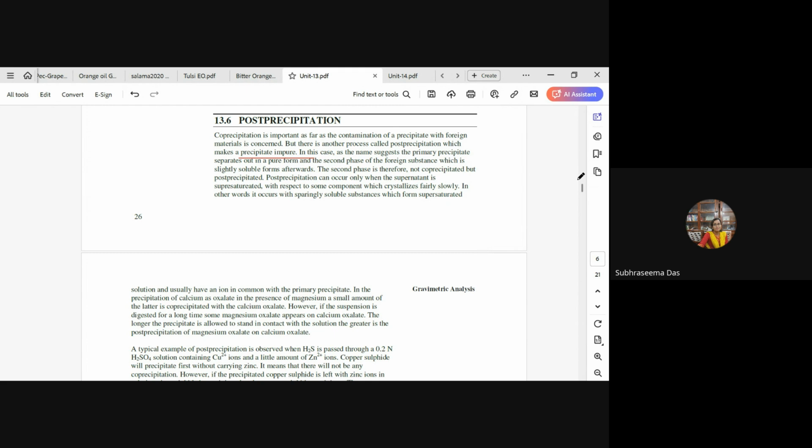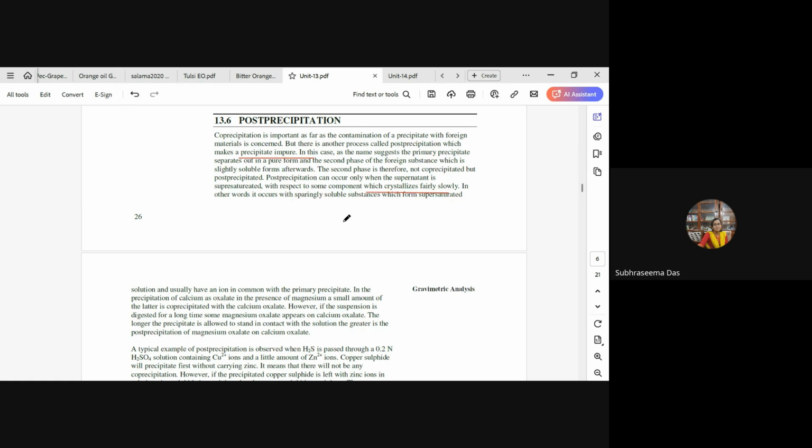That is why the process is called post precipitation. Post precipitation can occur only when the supernatant is supersaturated with respect to some component which crystallizes fairly slowly.